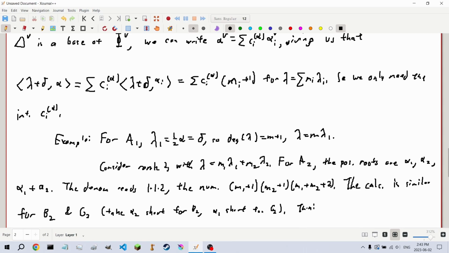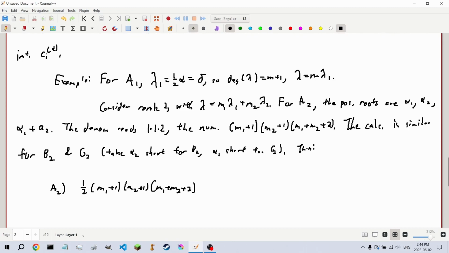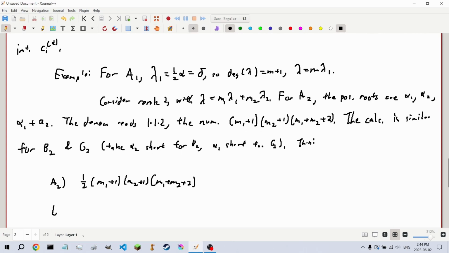Then A2 is going to be 1/2 of m1 plus 1, m2 plus 1, m1 plus m2 plus 2. Our B2 is going to be 1 over 3 factorial, which is 6 of course, times m1 plus 1, m2 plus 1, m1 plus m2 plus 2, and then 2m1 plus m2 plus 3.